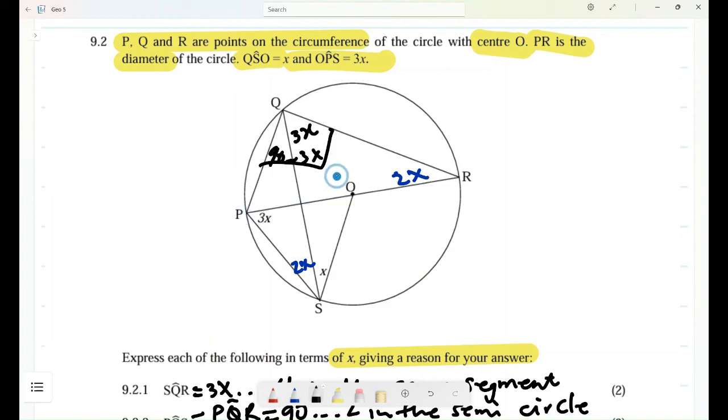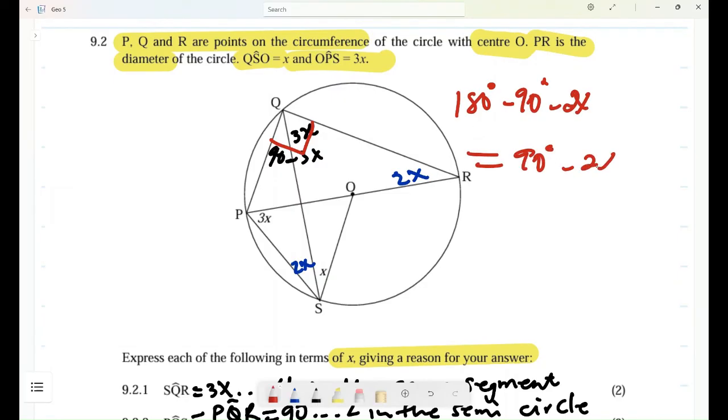I repeat again. I'm saying if all of this angle here is 90, and this is 2x, and this is a complete triangle like this, then I can use sum of angles in a triangle and say 180 degrees minus 90 minus 2x, which gives us 90 degrees minus 2x.